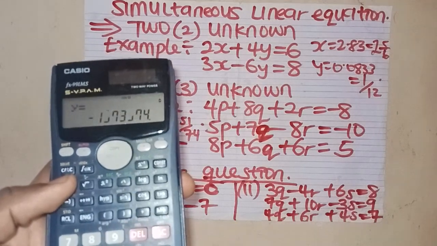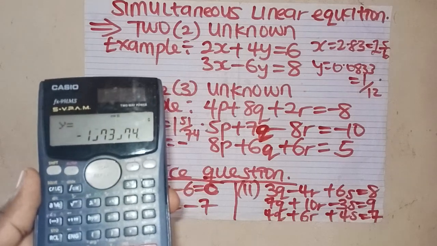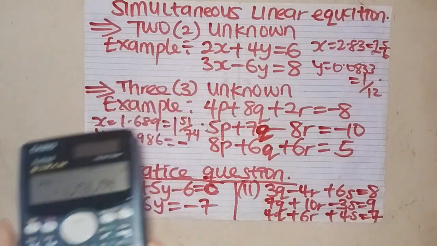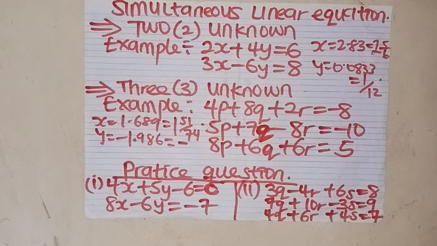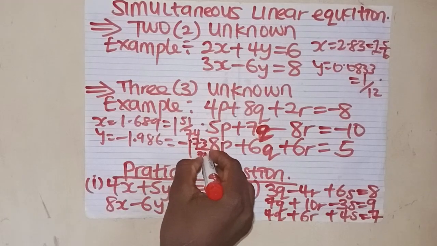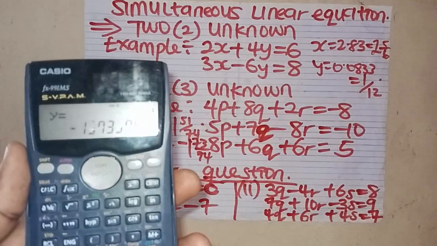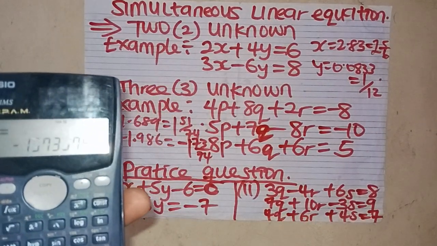Let me press here once. So that is minus one whole number 73 all over 74.